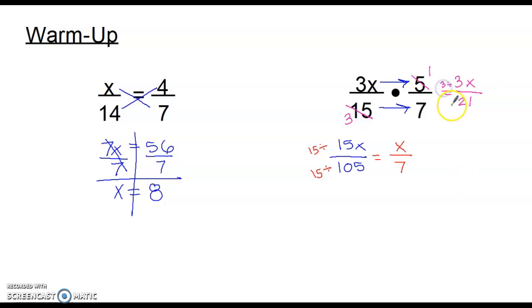Both the numerator and denominator can be divided by 3, so you're left with x over 7. So you're left with the same answer, just a couple of different ways to do it. So over here, we multiplied straight across, then reduced, and over here, we reduced, then multiplied.